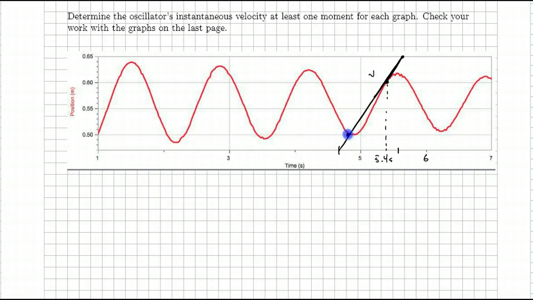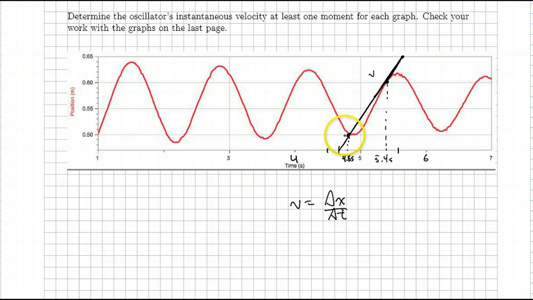Actually, maybe I'll go right here since that crosses the nice 0.50 meters, and there's 4 seconds, there's 4.5, so this looks like 4.8 seconds, we'll call it. So velocity is the slope of that line, which is the change in position over change in time.